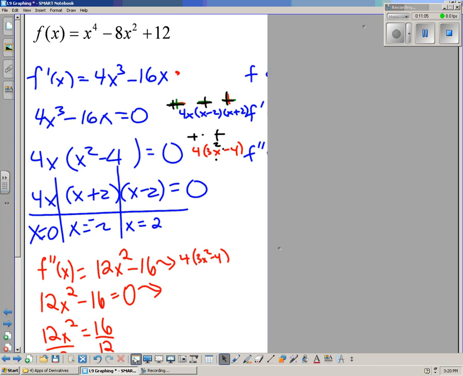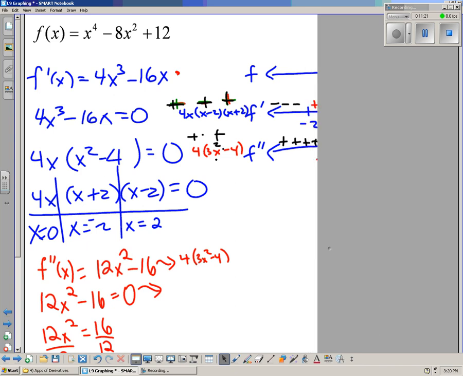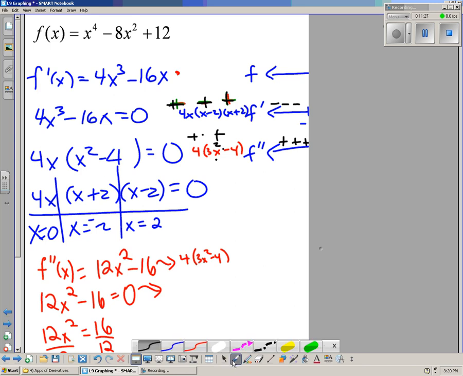I'm going to scroll across both number lines and stop when something changes. So right now, we have a negative f prime number line and a positive f double prime number line until we get to negative 2. And that's when things change. So we're going to leave this alone and we're going to just analyze this area.